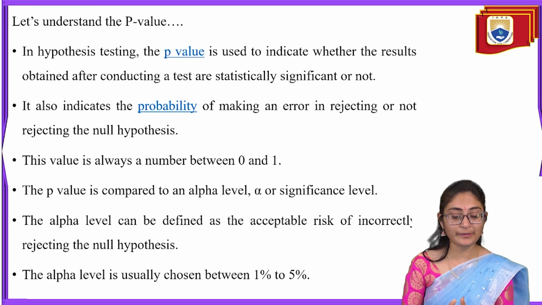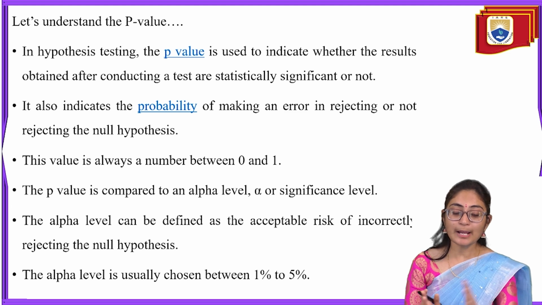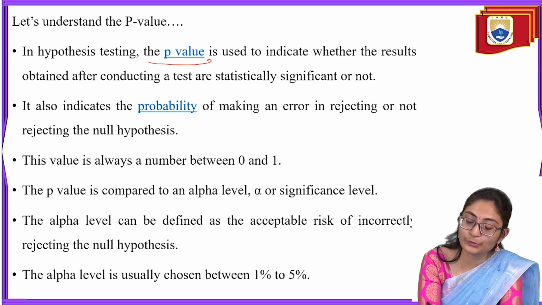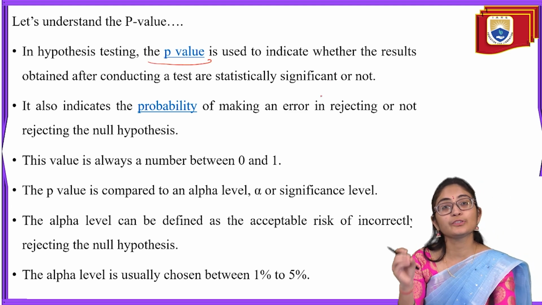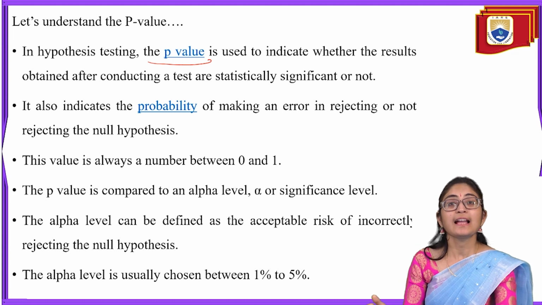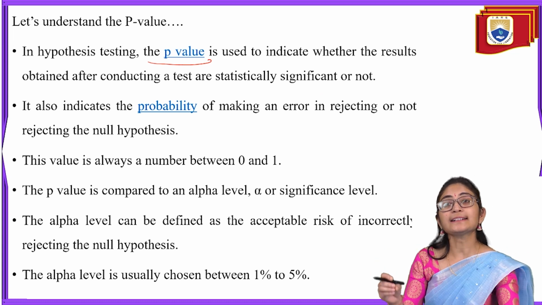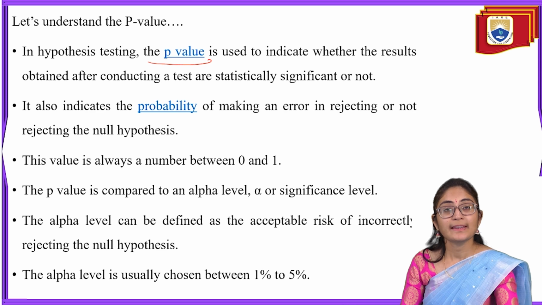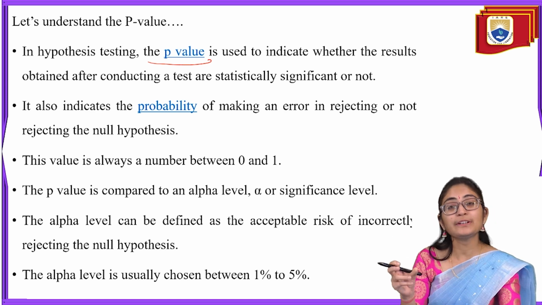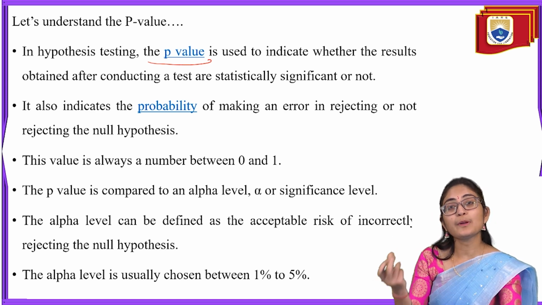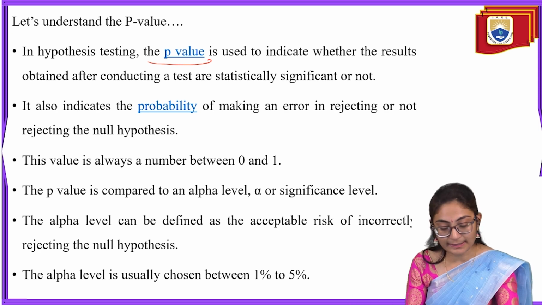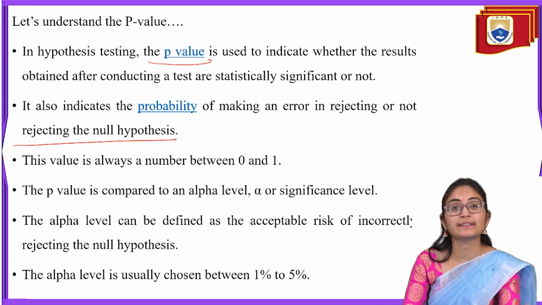Let's understand the p-value in detail. In hypothesis testing, the p-value is used for indicating whether the result you got after conducting a test is significant or not. It indicates the probability of making an error in rejecting or not rejecting the null hypothesis.